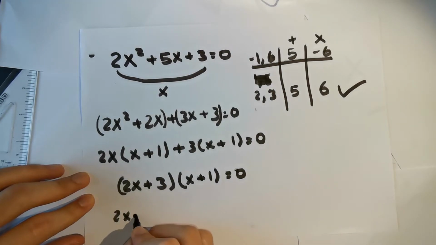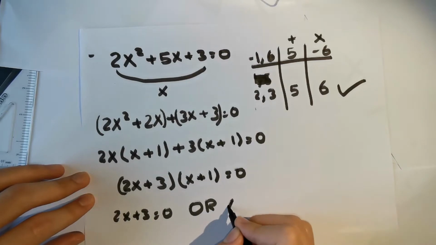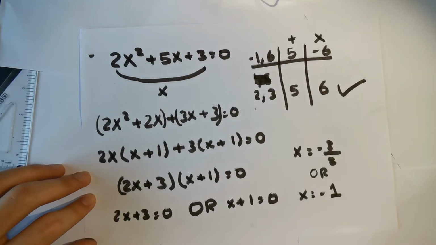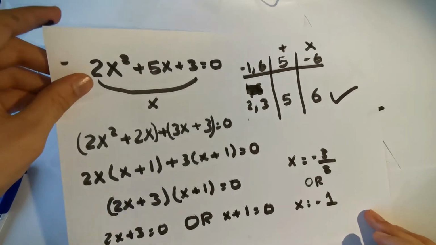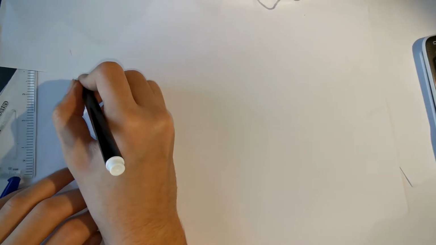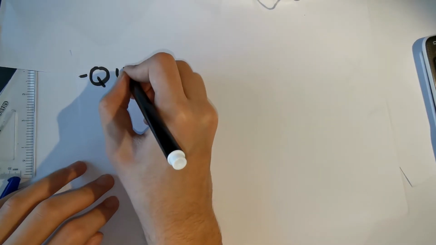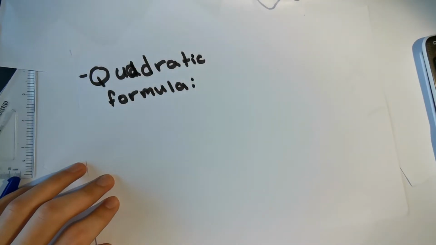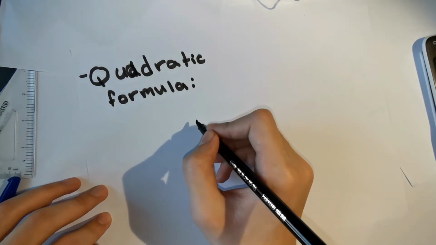And so if two numbers multiply to give 0, one of them should be equal to 0. 2x plus 3 equals 0 or x plus 1 equals 0, and the answers are x equals -3/2 and x equals -1. Okay, so another way of solving quadratic equations is using the quadratic formula.